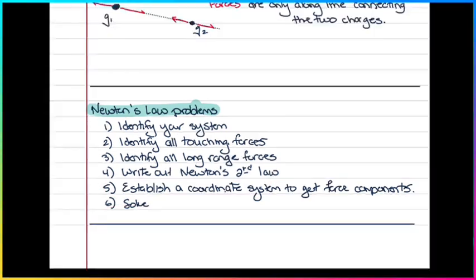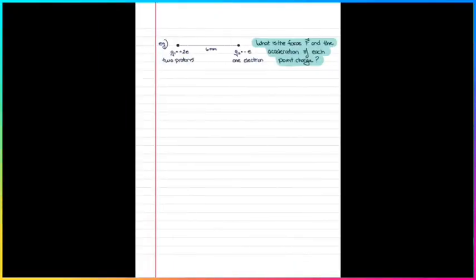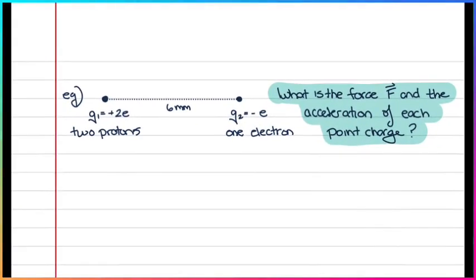So let's go through these steps with some simple examples. So here's a problem. I have two charges. I have a charge over here that has a charge of plus 2e, and it turns out that it's 2 protons. Then I have another charge over here that has a charge of negative e, and it turns out that it is a single electron.